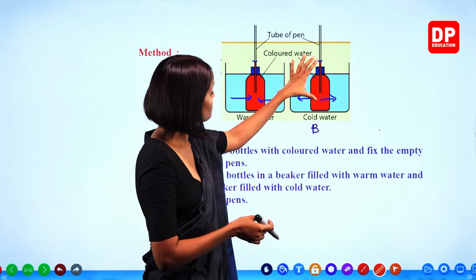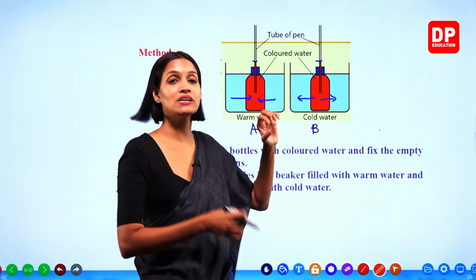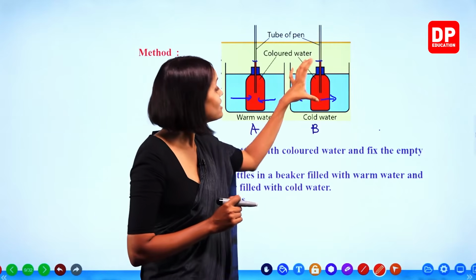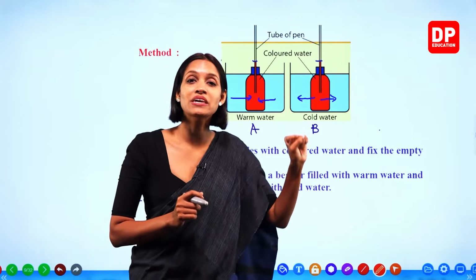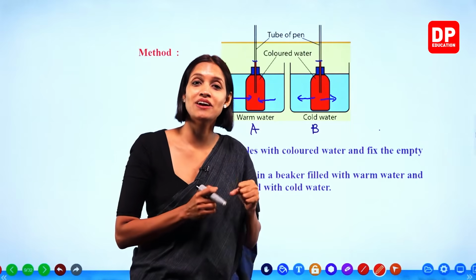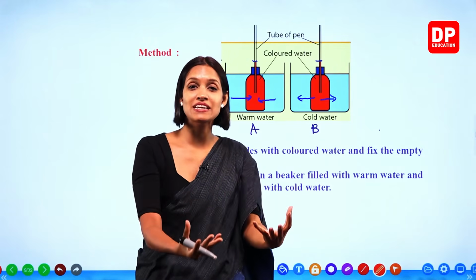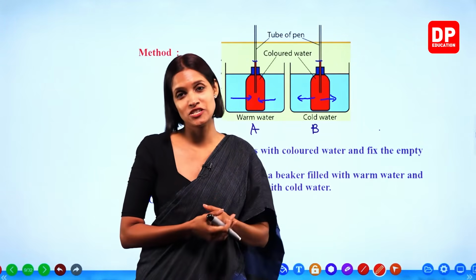So then what happens to this colored water? It cools down because of reduction of temperature. Its volume decreases, and this is known as contraction.